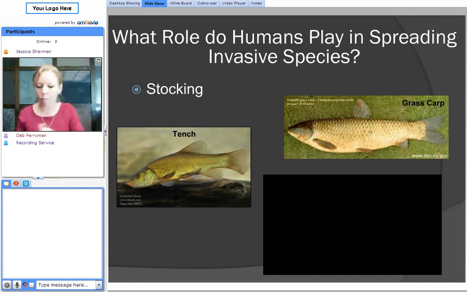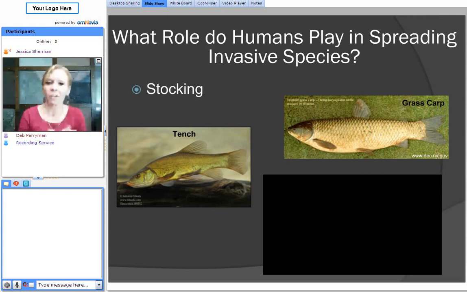And what they were worried about is by introducing or stocking that wasp, it would then become an invasive species itself. So grass carp, that top right picture, there was an invasive plant called hydrilla that was getting into these catfish ponds. So they brought grass carp over to control the invasive hydrilla, and then the grass carp themselves became invasive. So another way that humans have contributed.